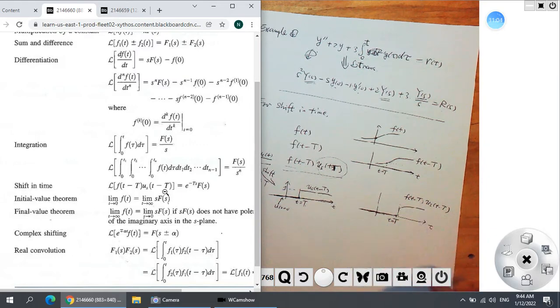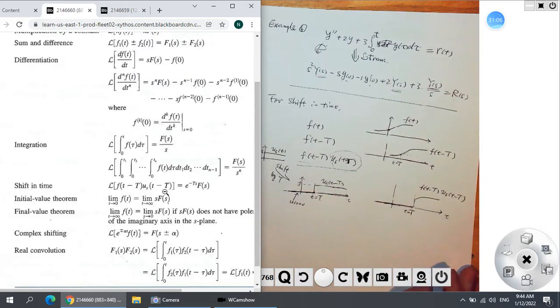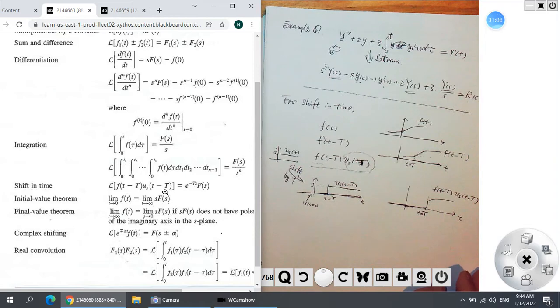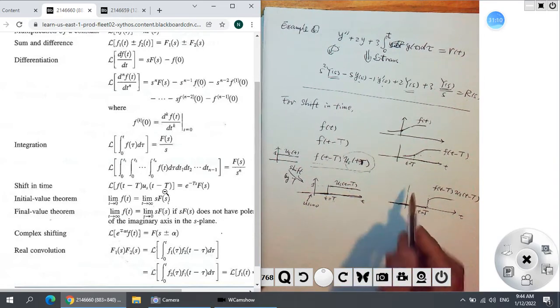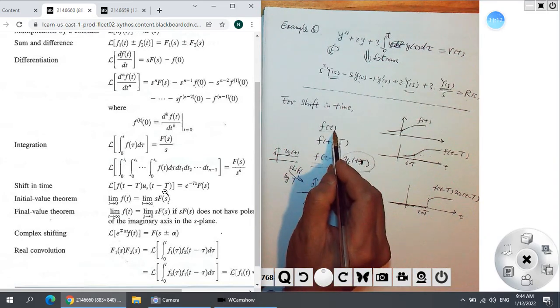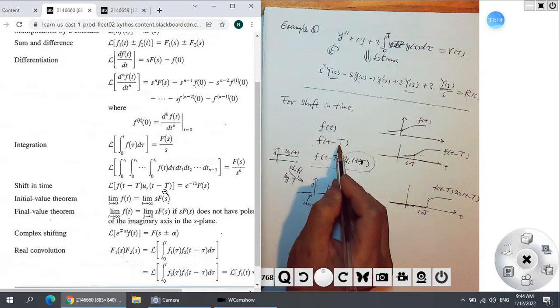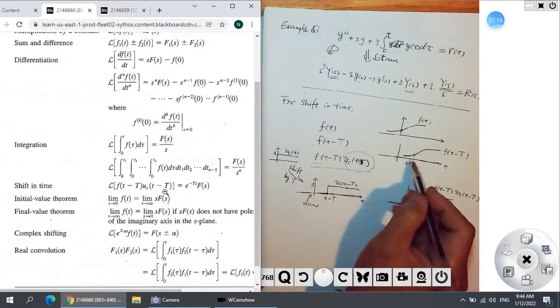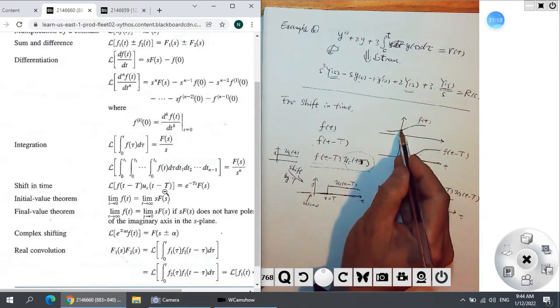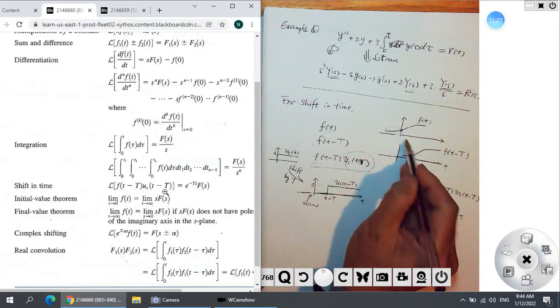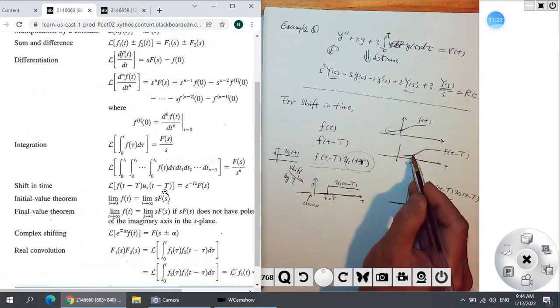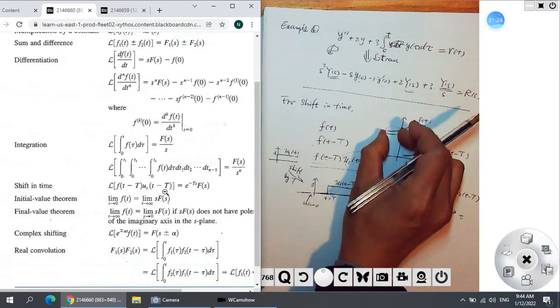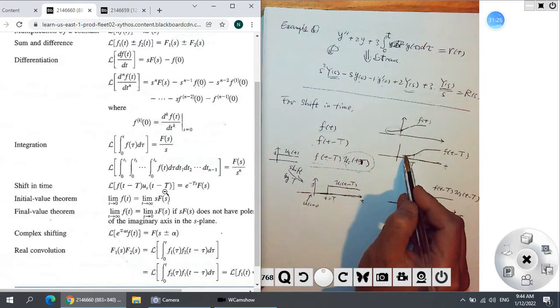Alright, you got it? So the shift: f of t, if we just shift itself, we get this one. We will move the part where t is negative to the positive part. We will move this part to here, right? We will keep that.